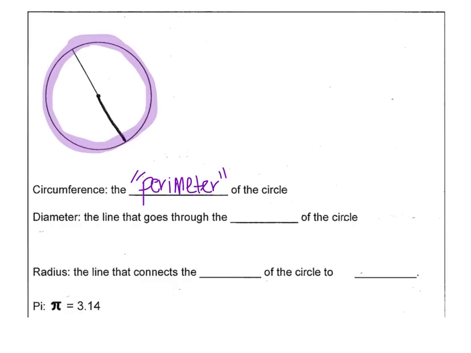Alright, then the diameter is the line that goes through the center of the circle. I'll do it in blue. I want you to write and has 2 endpoints.